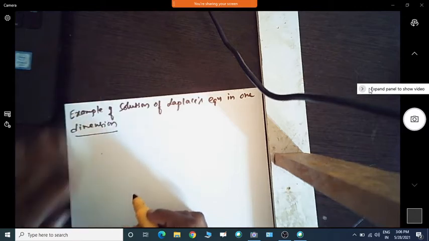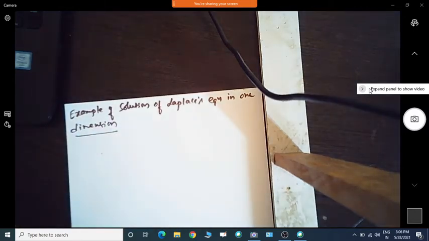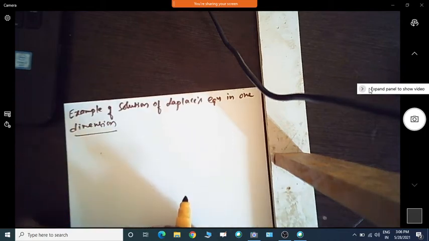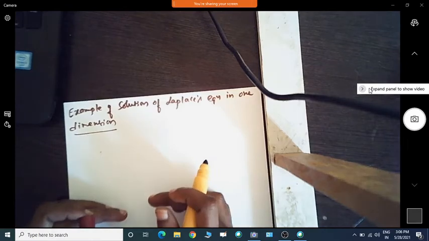So already we have seen several methods in mathematics, or even in electromagnetics, for second order partial differential equations, which are based on Laplace's equation. Because it involves double derivatives, many methods are used to solve it.